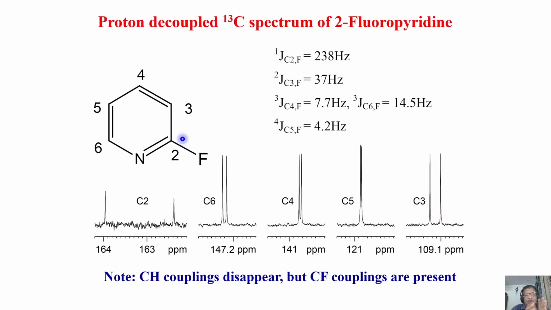Okay, now how do we make the assignment of different carbons attached to different protons? There are always four different types of carbon present in a molecule: CH3 carbon, CH2 carbon, CH carbon, and carbon not attached to any proton at all.